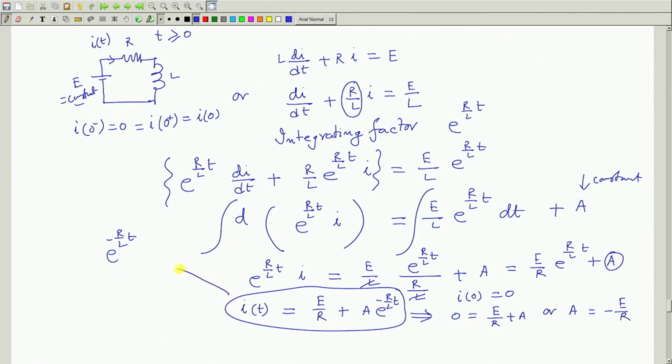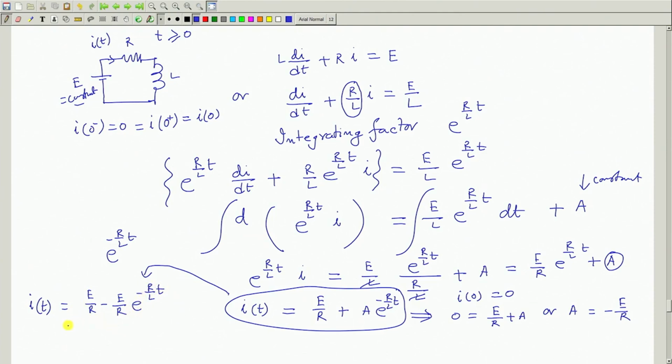Therefore, the solution will be i(t) is equal to E by R minus E by R into e to the power minus R by L into t.